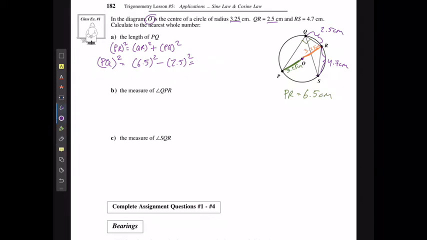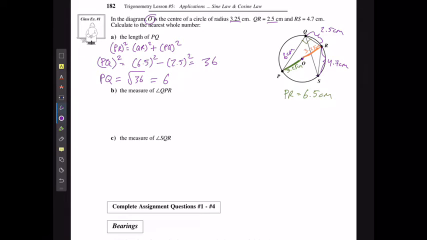No, when I subtract them, it's going to give me 36. Which means that PQ is going to equal the square root of 36, which is just going to equal 6. So I can say that this side is now 6 centimeters.